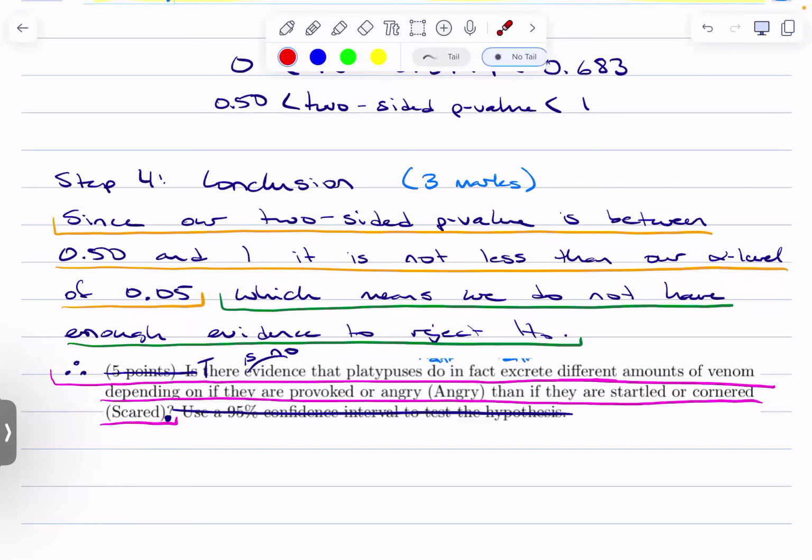But then if you say that means we have enough evidence to reject H naught, then I can give you that mark because then you followed through. And it's this nasty daisy chain of marking for me. So I have to try to figure out what makes sense. What's the next logical thing for you to say? But I will follow through. Nice. Any questions about that one?